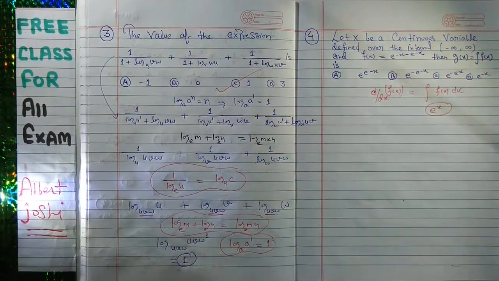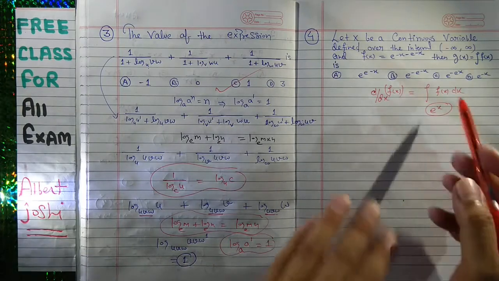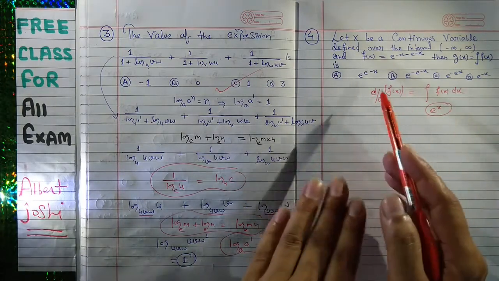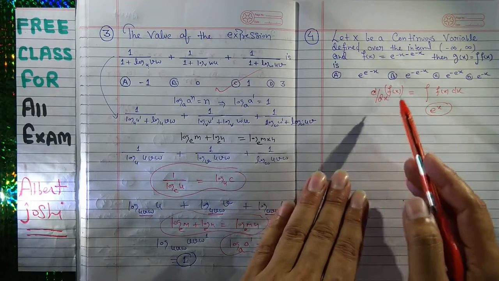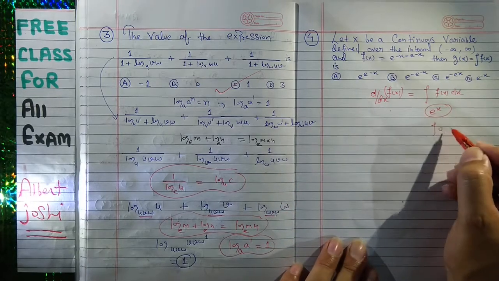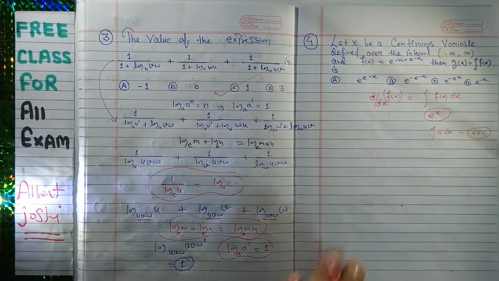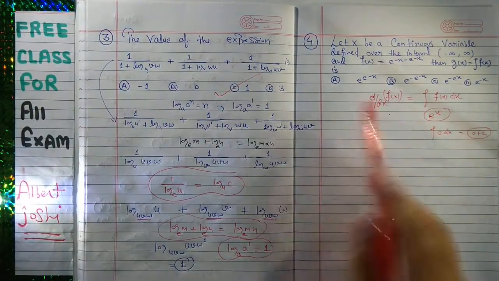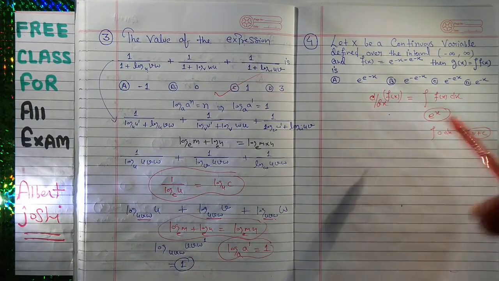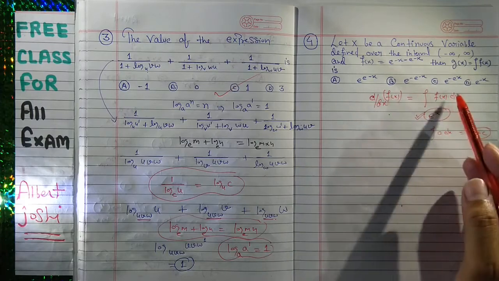Zero is also not such a function: if you differentiate 0, you get 0, but if you integrate 0, you get 0 plus c. So there is only one function that gives the same result after integration and differentiation.